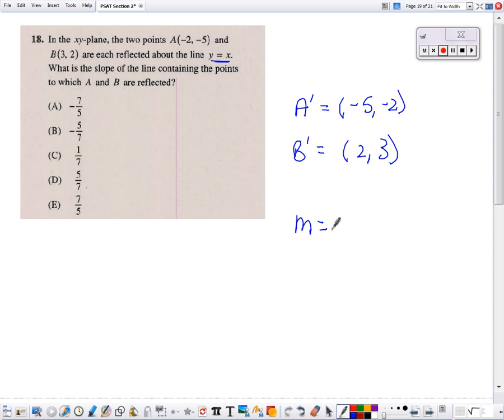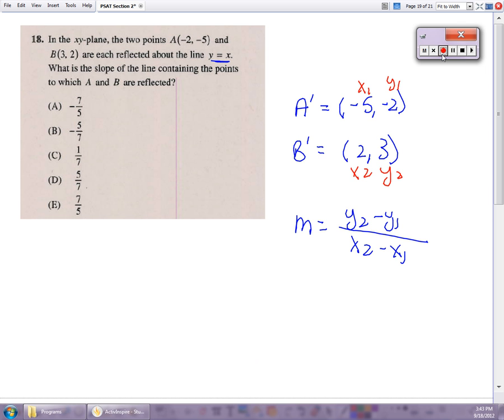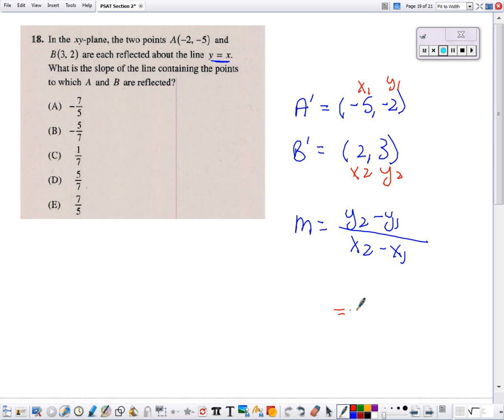So when I find the slope between these points, remember our slope formula, and when I substitute that in, we get 5 over 7. Choice D.